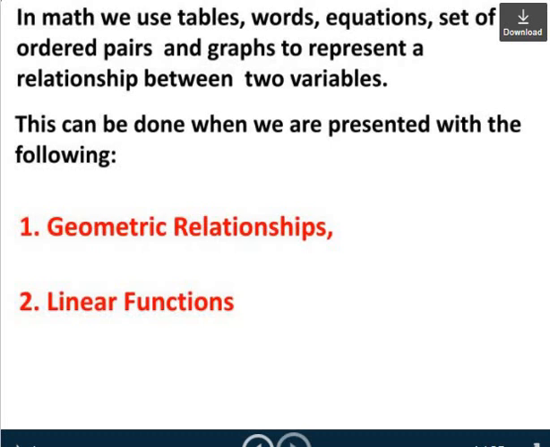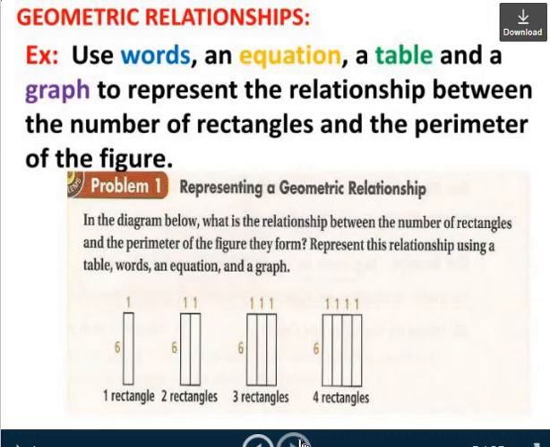When we say geometric, we are talking about shapes, and how we will find a pattern in the shapes. Linear functions have a rule, and we will find out if there is a linear function or not. In this lesson, we will speak about geometric relationships and linear functions, okay?